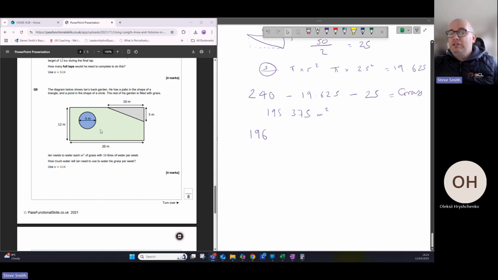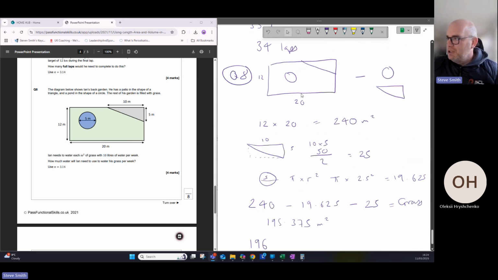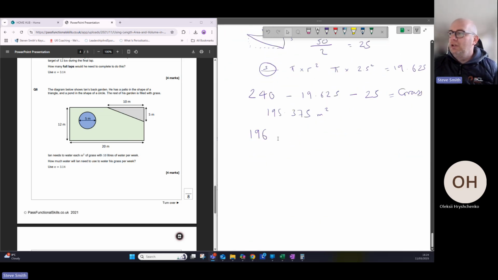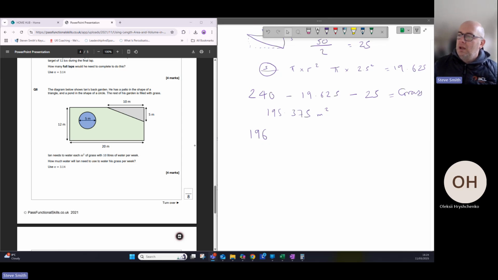Afternoon. Just literally going through some of these questions. So if it's in the middle of a question, you might think, oh, what's Steve talking about? But don't worry. I've kind of worked out some of the bits for the garden here, and I'm just looking at the last part now where it's 196 meters squared, and he needs 10 liters per week per meter.